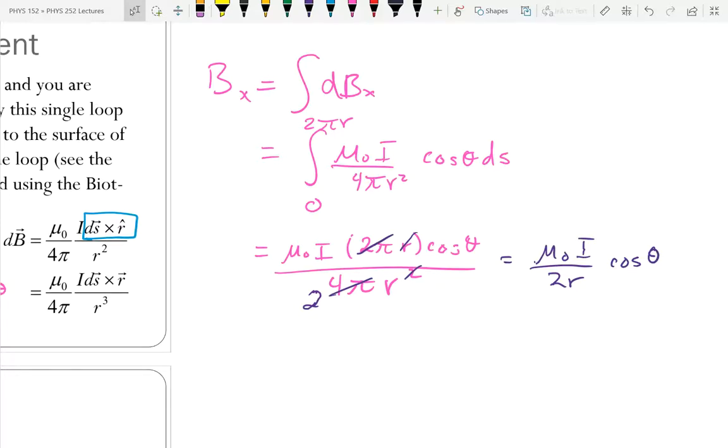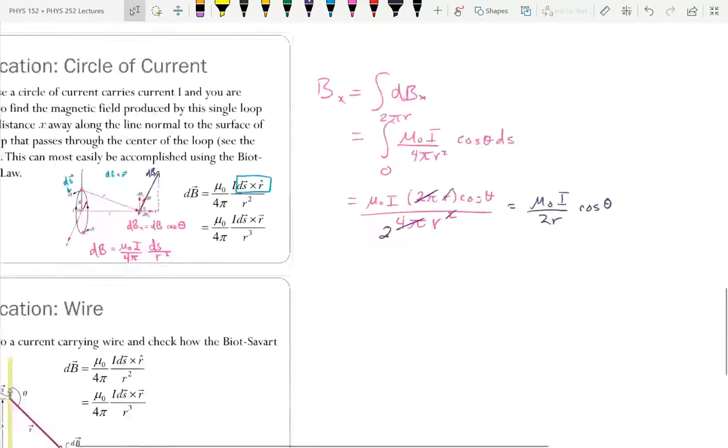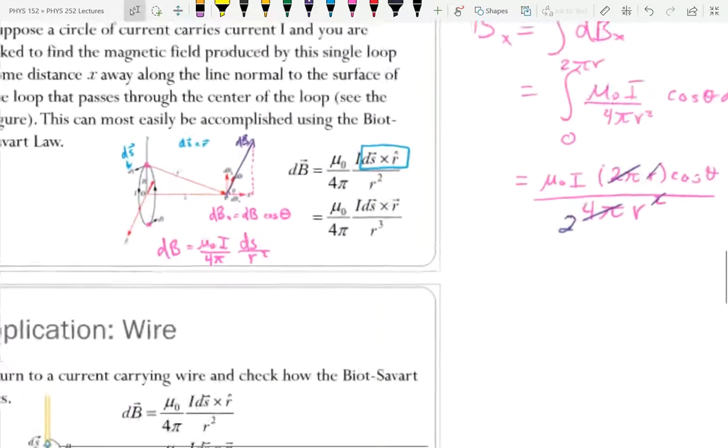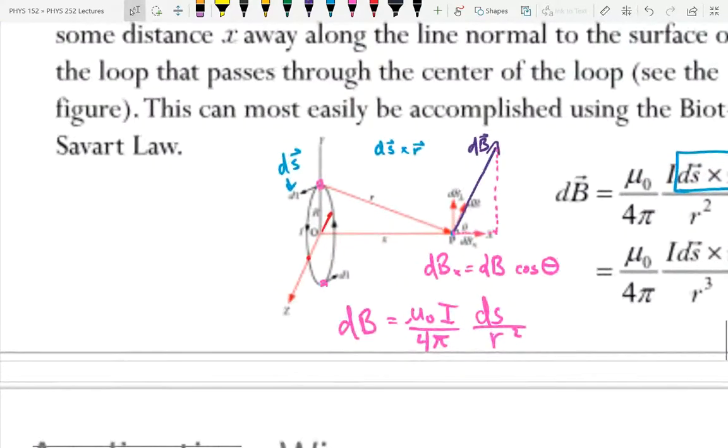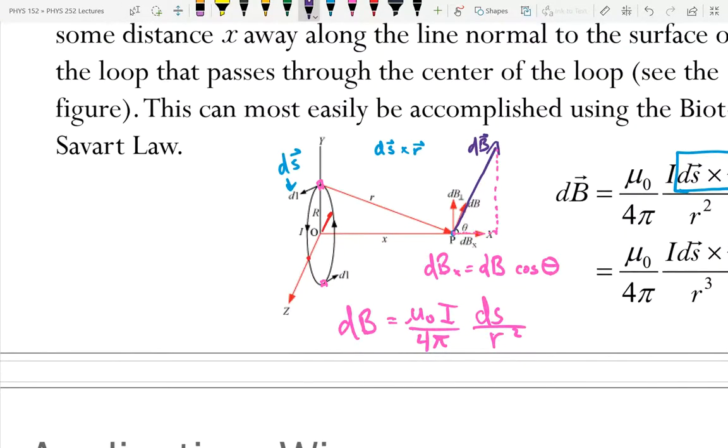Now, I usually like to take this, instead of putting in cosine theta, I want to calculate what theta is in terms of how far I am from the center of my circle. Whoops, I meant to come over here. So notice, using similar triangles, that there is the angle we called theta.